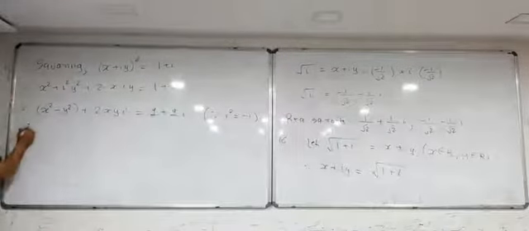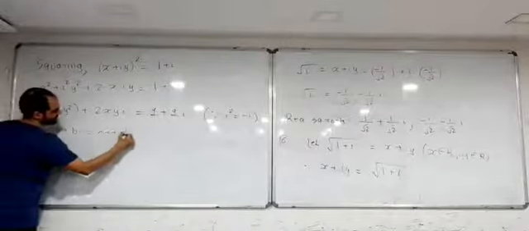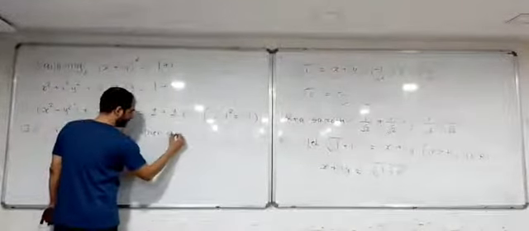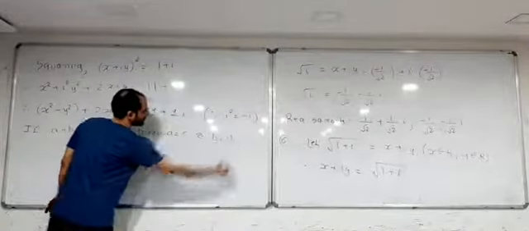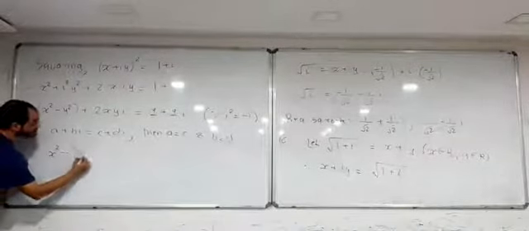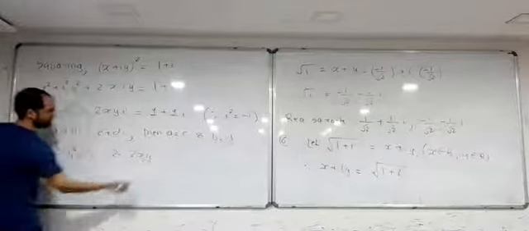If the same story, if a plus bi is equal to c plus di, then a is equal to c and b is equal to d. Therefore x square minus y square is 1 and 2xy is 1.